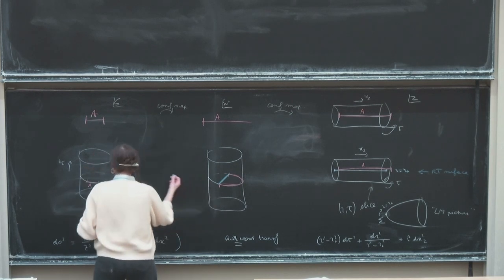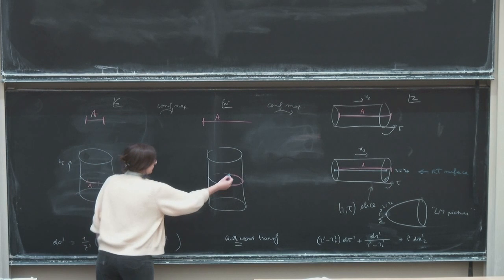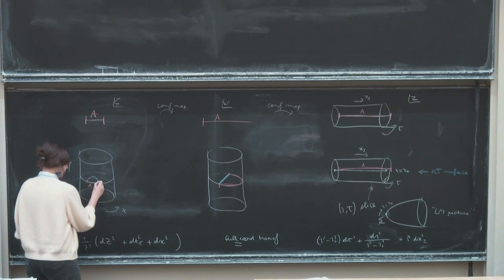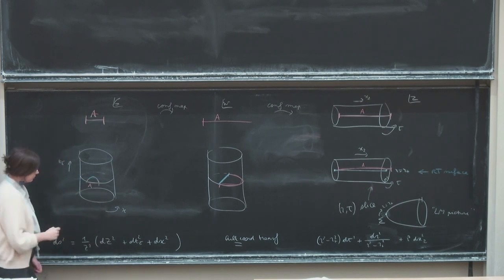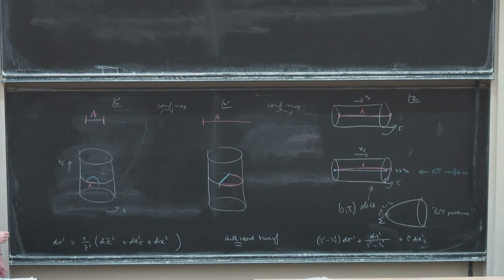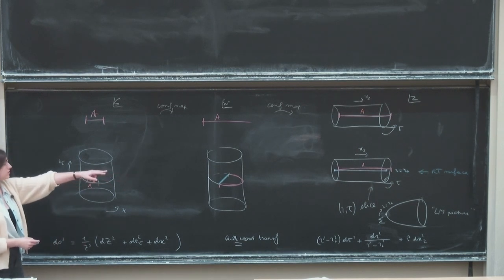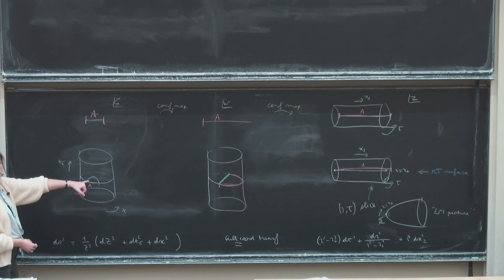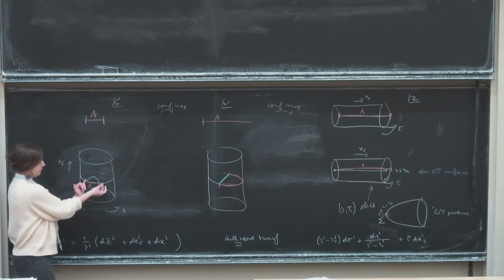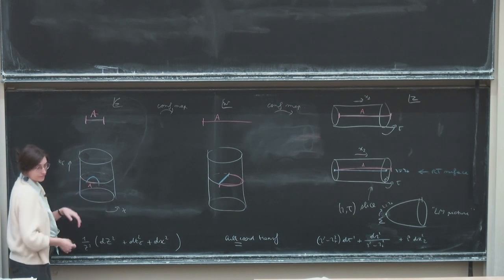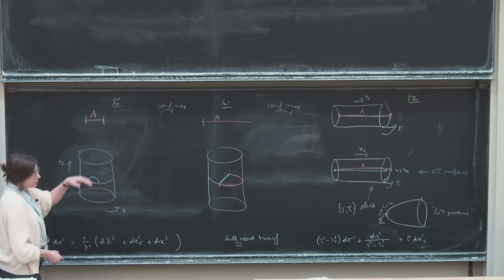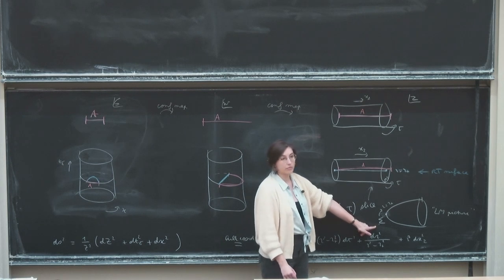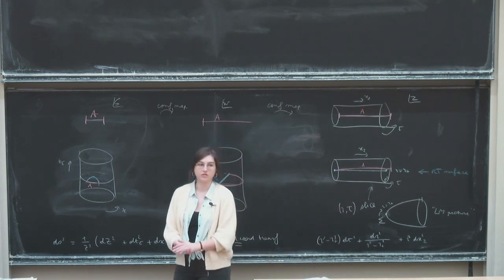And then tracking it back further, it has to be the blue line that connects to the endpoints of A. So I've tracked my RT surface from being this horizon to, in fact, being the geodesic like you would typically see in RT pictures, which is the minimal geodesic that is homologous to the boundary. And this is just what I wanted to add so that if you have this RT picture in mind, you understand how it's connected to these LM pictures that we've been working with in the derivation.